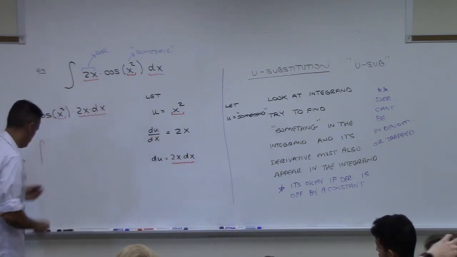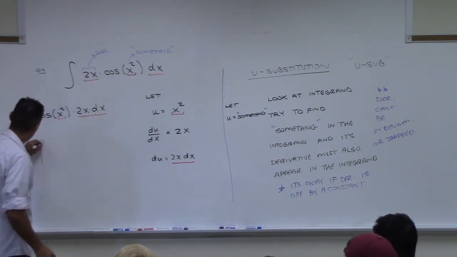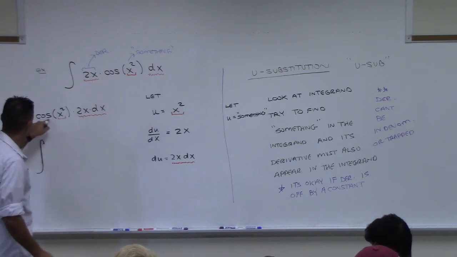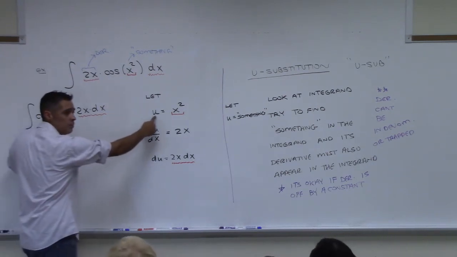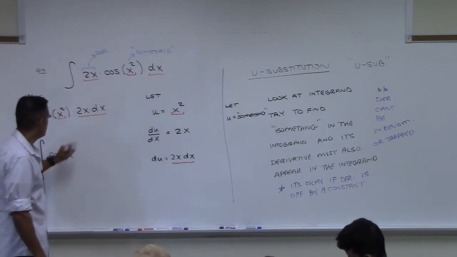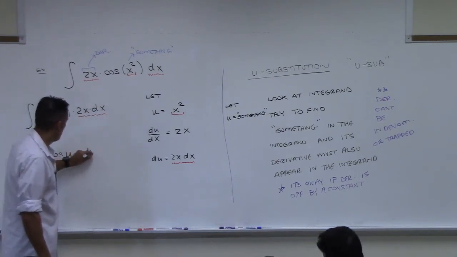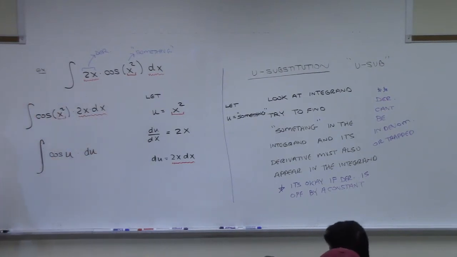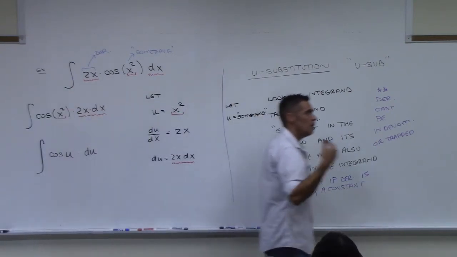I want the antiderivative of cosine of what? x squared, but x squared is u, right? Cosine of u times, not 2x dx, what? du.